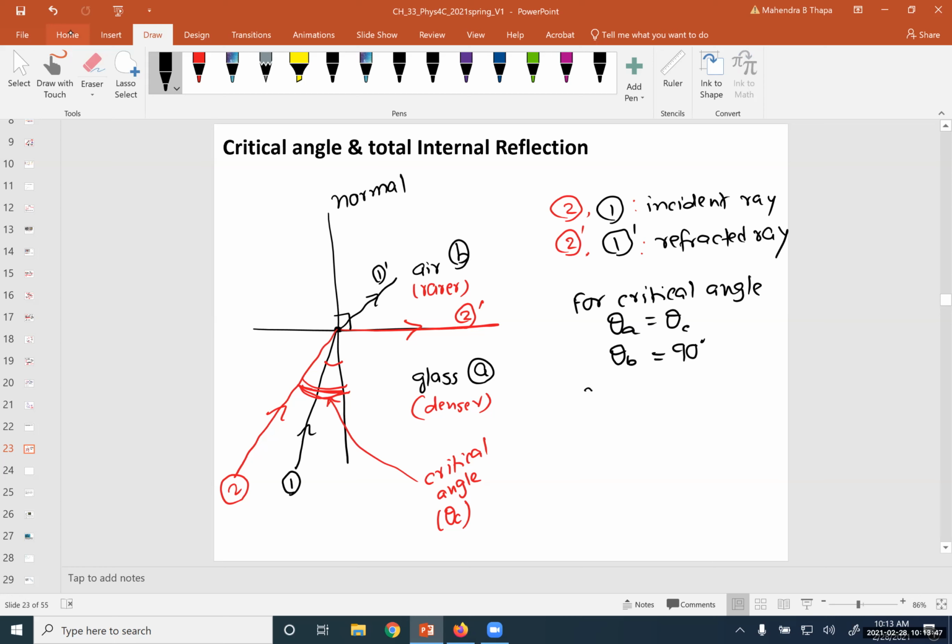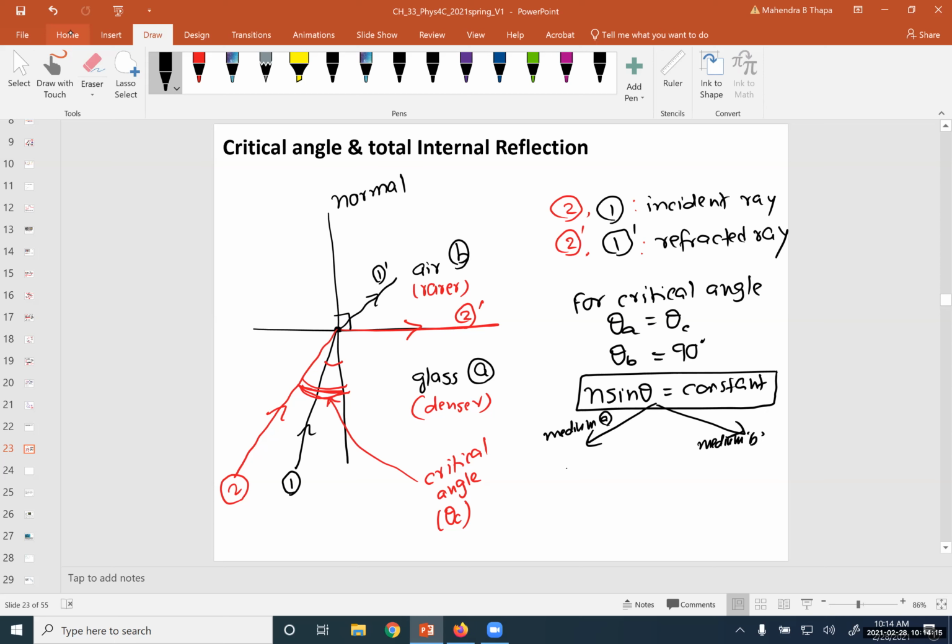Then we can use the concept of n sine theta equals a constant. This is Snell's law. If I use this concept here, we can write this equation for both the media. For medium 1, and we can use the same concept for medium 2, medium B. Both should be equal.